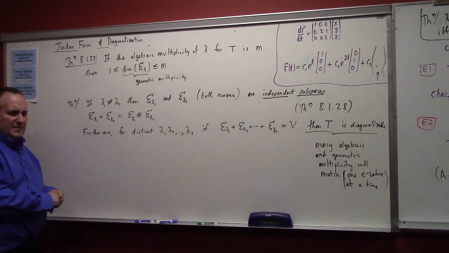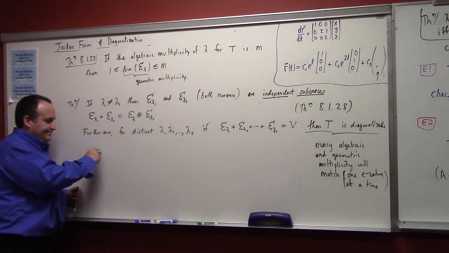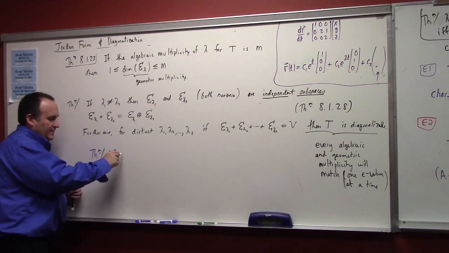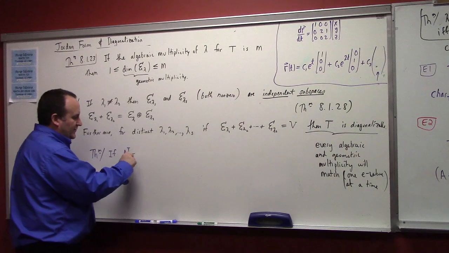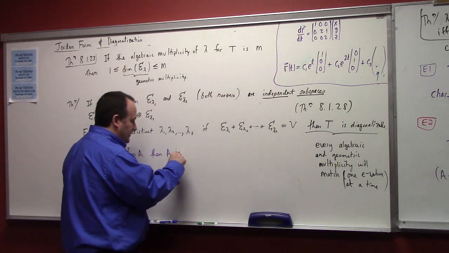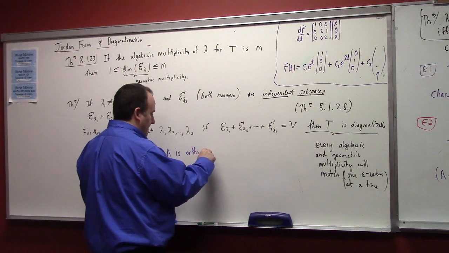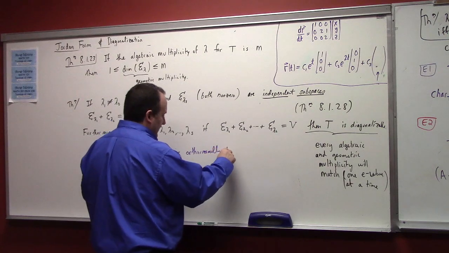This is just an amazing theorem. If A transpose is equal to A, then A is orthonormally diagonalizable.